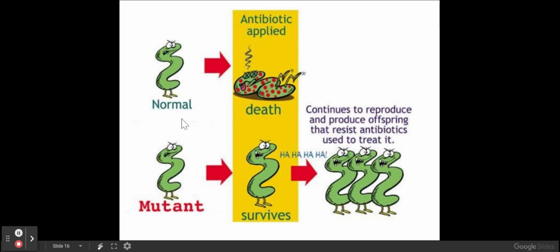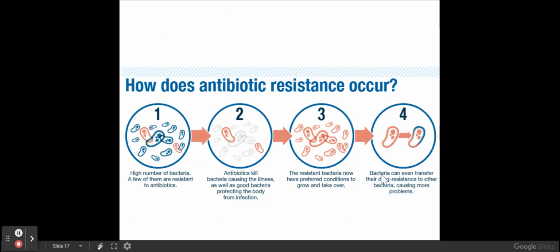But sometimes there's a mutant bacteria. They have some sort of mutation. It was random. They didn't know they had it until the zombie apocalypse, the antibiotic, is applied. And so those individuals who have that mutation are going to survive and leave behind offspring that also have that resistance. Bacteria reproduce asexually, and so all of their offspring will have the gene for resistance.